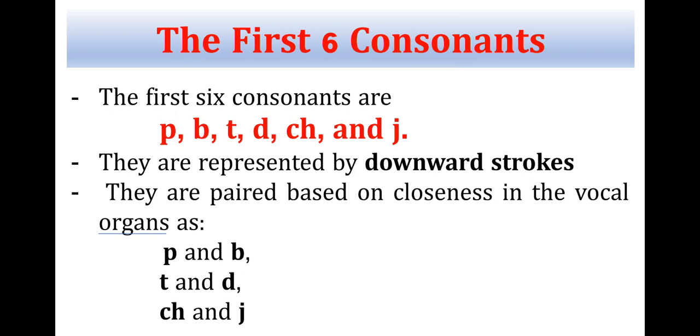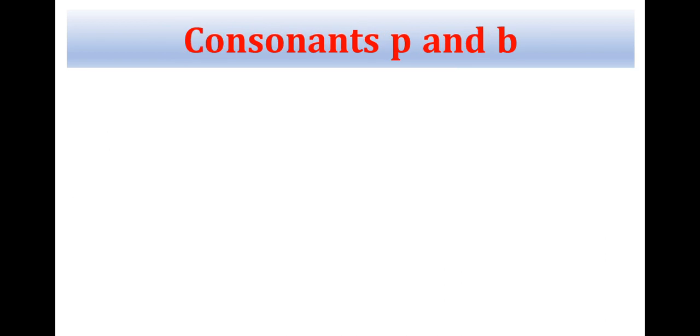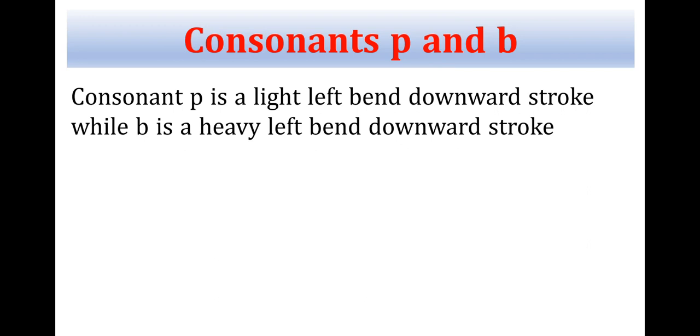We are taking consonant P and B. Consonant P is a light left-bend downward stroke, while consonant B is a heavy left-bend downward stroke. That means the drawing is the same; the only difference is that P is lighter, while B is heavy.